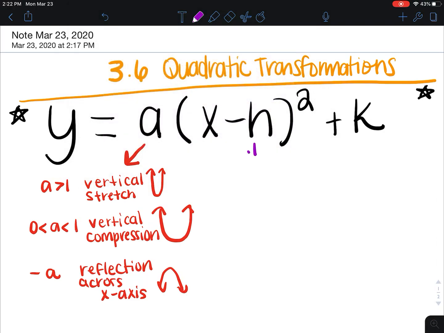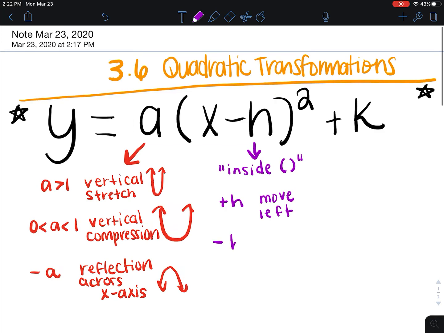H is inside parentheses. So when you're inside parentheses, if we are a positive H value, we are going to move to the left.